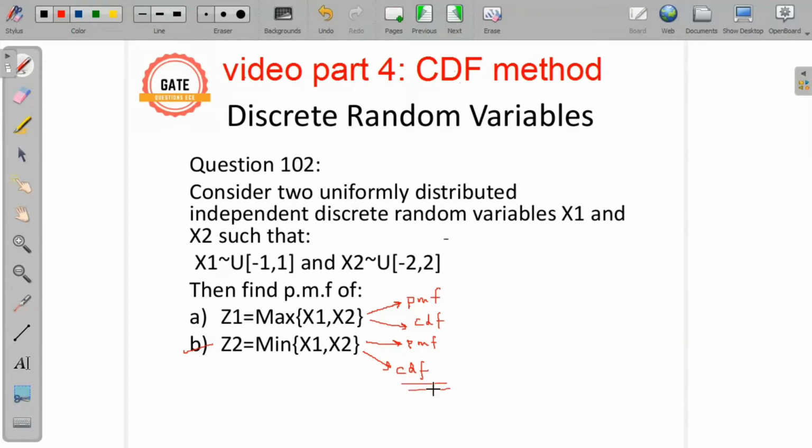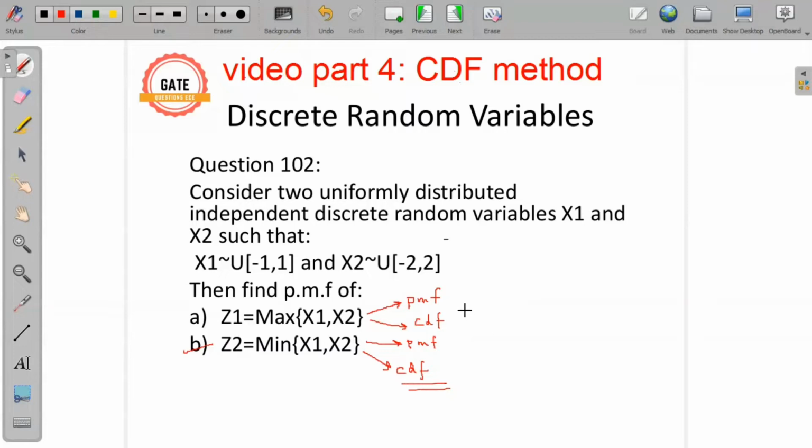In this video, I will be discussing the solution of part B using the CDF method. For those students who haven't watched the part 1, 2 and 3 videos of this question, I request them to please go and watch those 3 videos. The link of those 3 videos is provided here in your I button.